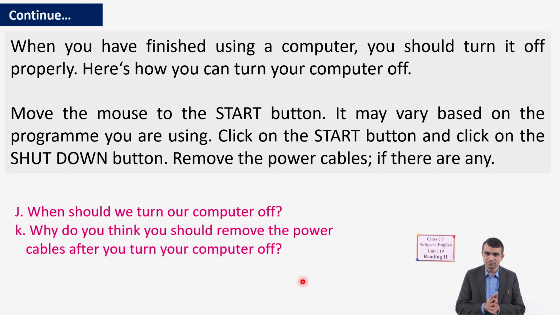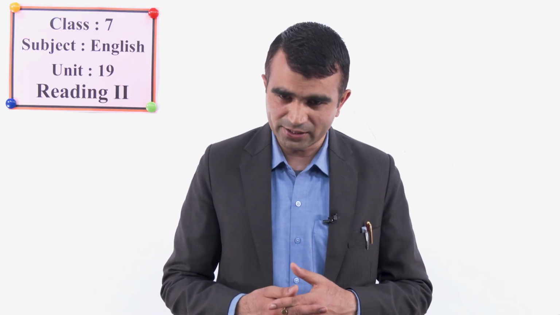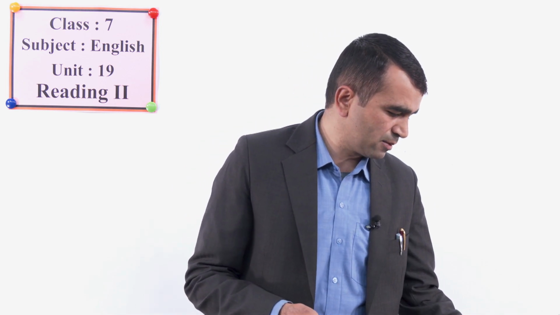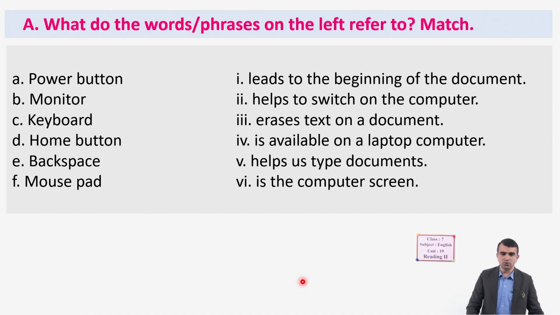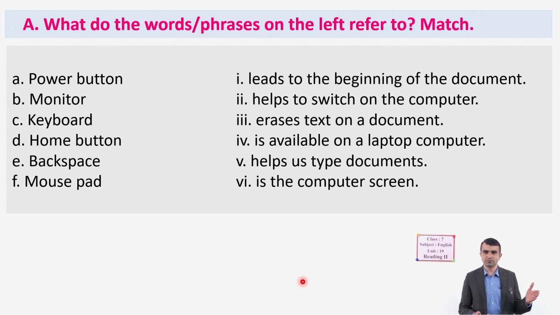Is it so? Good. Now, we have finished reading. Let's do some of the tasks given. Okay, ready? Ready. Good. Now, let's see in your book what is the first task on page number 208. Okay, the first task is, what do the words or phrases on the left refer to?